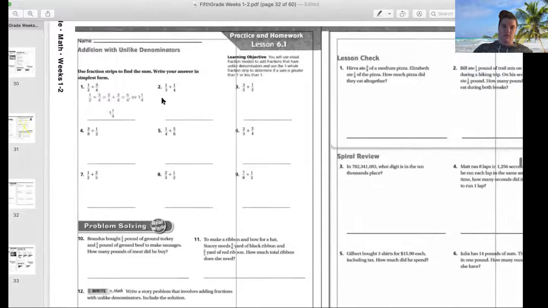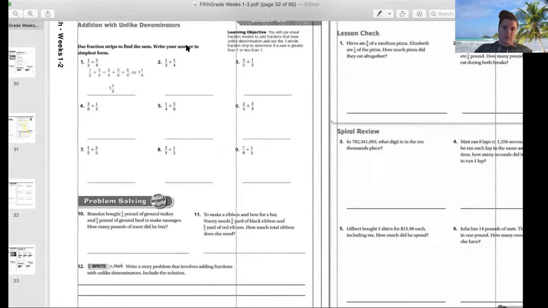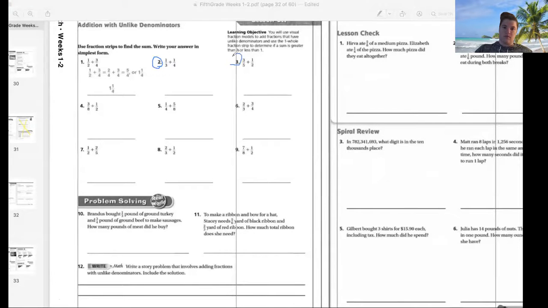So let me scroll down. So I know you need to do number 2 and number 3. I'm trying to remember if we did number 4 together. I already forgot. So if we didn't do 4, you need to do it.